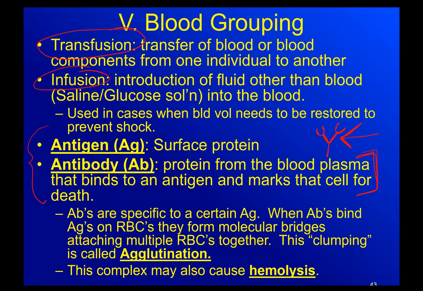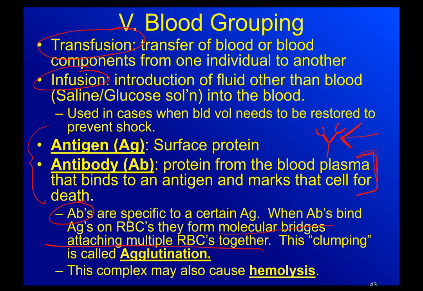Now, antibodies are specific to a certain antigen. So if I have an anti-A antibody, the only thing it binds to is A. It won't bind to B, it won't bind to anything else, just A. So when an antibody binds to an antigen on red blood cells, they form these molecular bridges, basically attaching multiple red blood cells together.